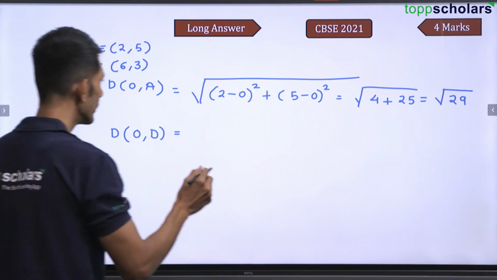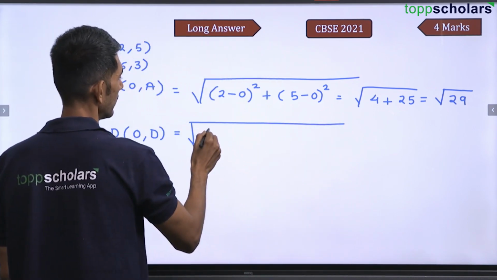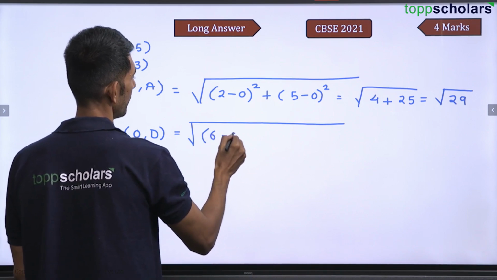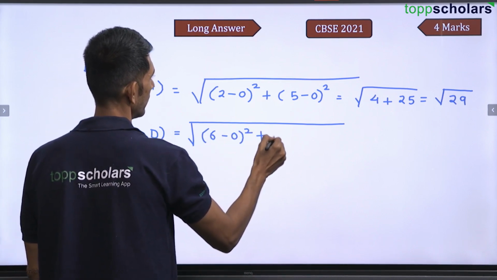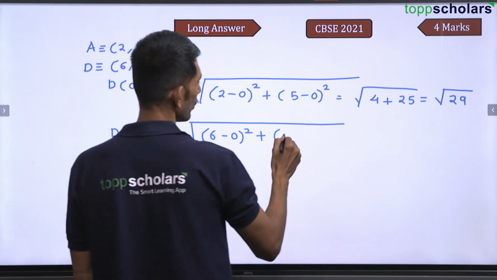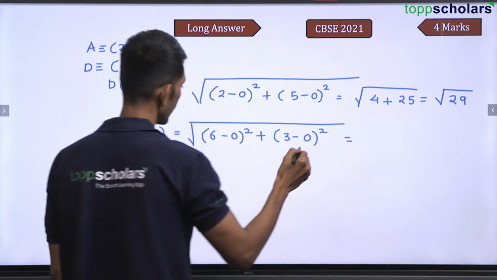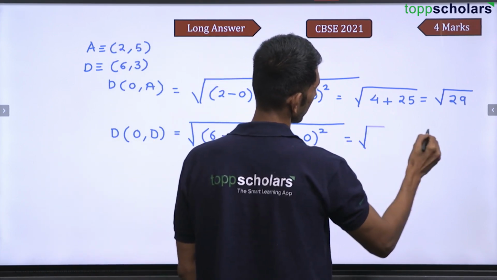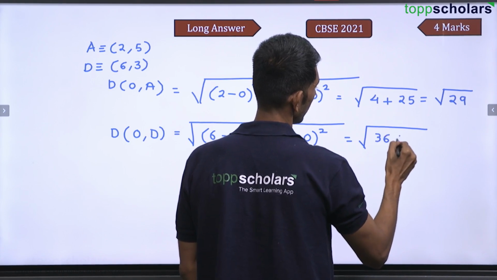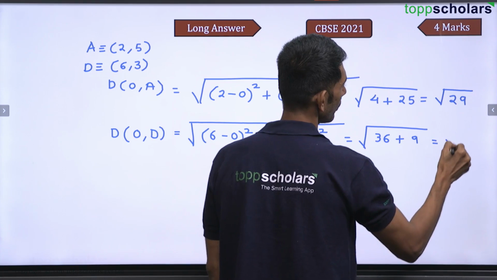That is equal to under root 6 minus 0 the whole square plus 3 minus 0 the whole square. That is equal to under root 36 plus 3 square is 9. That is under root 45.